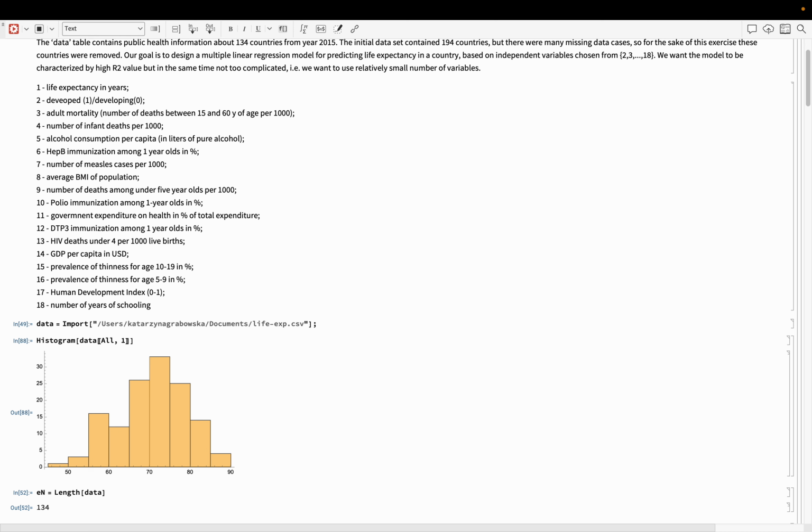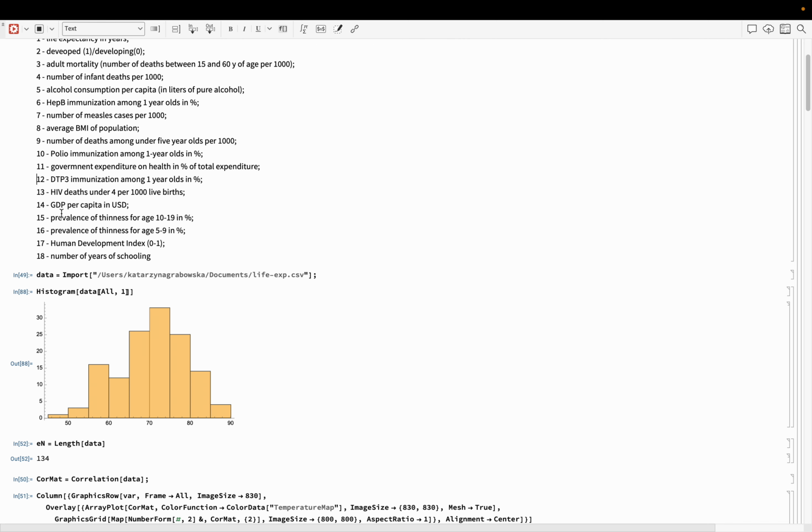Variable number 12, the percentage of 1-year-olds that are immunized against diphtheria, pertussis, and tetanus, DTP3 immunization. Variable number 13, this is deaths of children under 4 years old related to HIV virus. This is calculated per 1,000 live births.